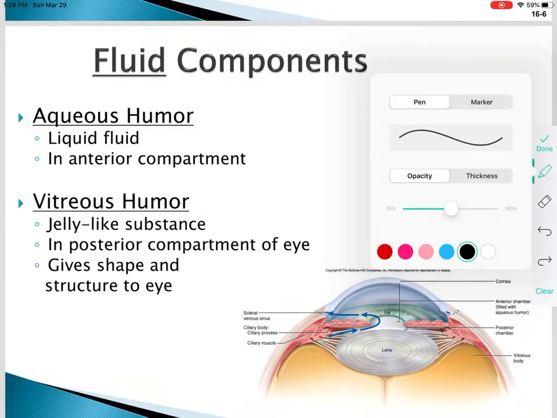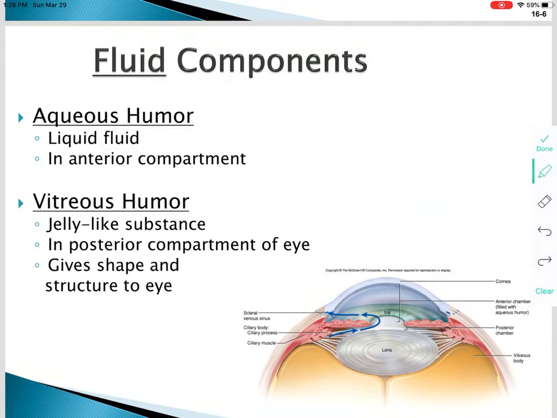If we were to look in the anterior chamber, let me use my fancy little pen here. I'll use blue because it's fluid. In the anterior chamber, there's a more liquid or aqueous fluid called aqueous humor. The anterior chamber, as this picture shows us, is really from here to here, but the fluid is mostly in the more anterior part.